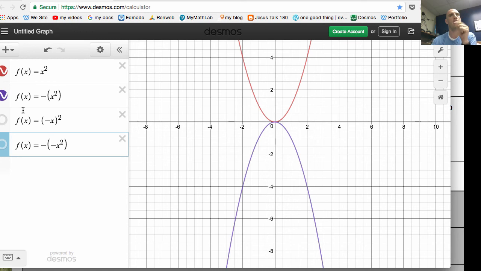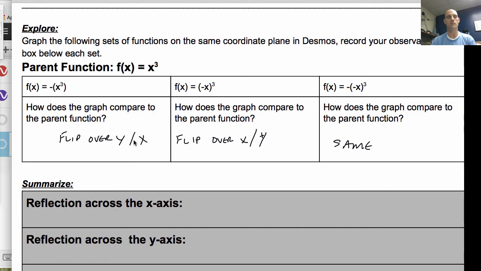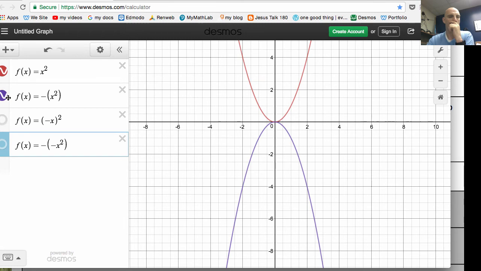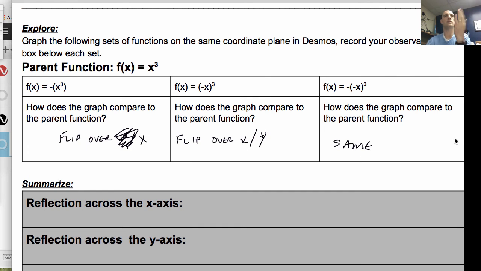So when I put a negative in front of the function, so negative f of x, it doesn't flip it over y. It actually flips it over x. When I put the negative inside, I get the same. So if I was debating, does it flip it over y or does it flip it over x?